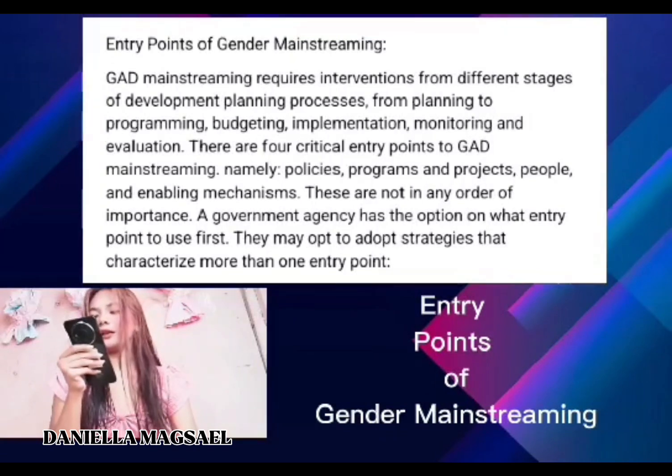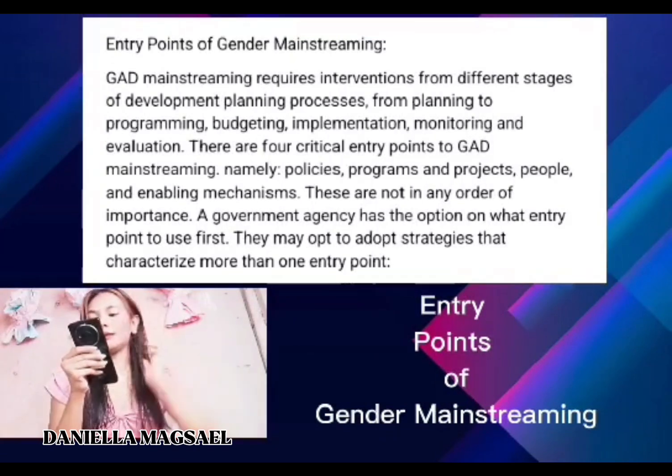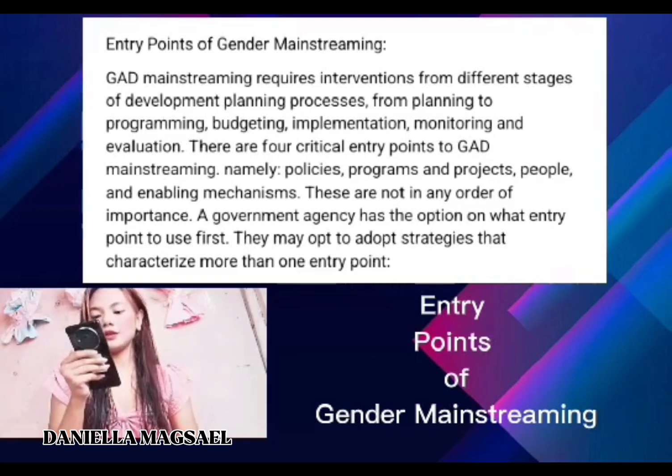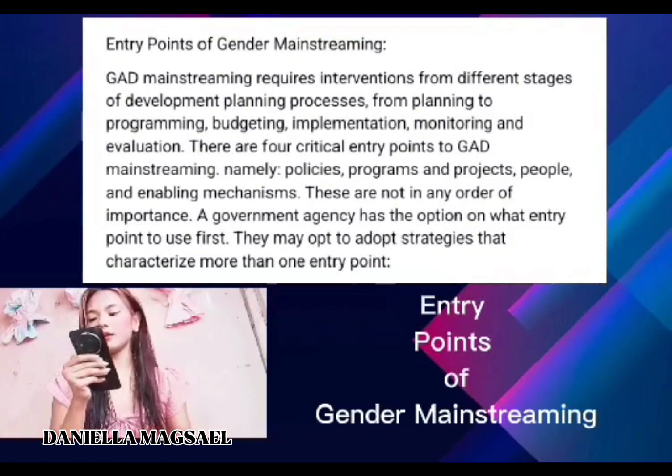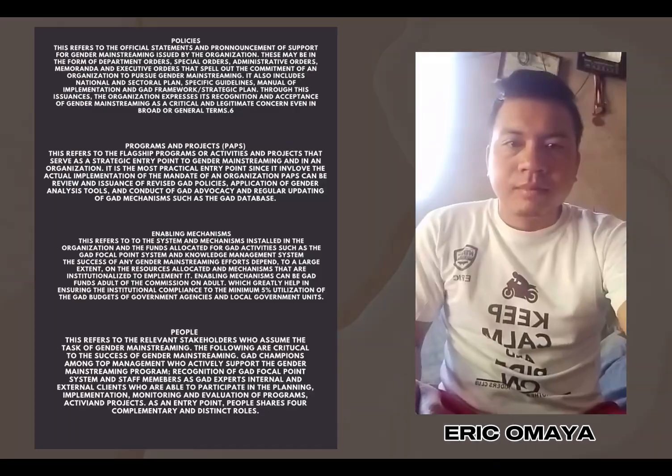These are not in any order of importance. A government agency has the option of which entry point to use first. They have the option to adopt a strategy that characterizes more than one point.